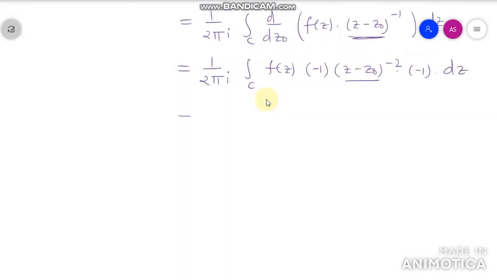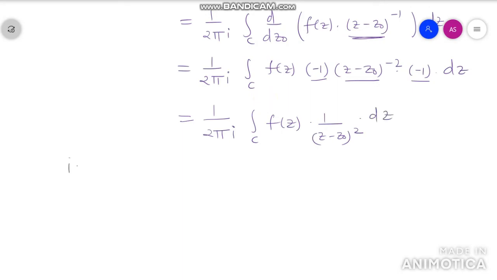Now it is equal to 1 upon 2 pi i integral over C f of z, minus 1 into this minus 1 becomes plus 1, and z minus z0 bracket raised to minus 2 is nothing but 1 upon z minus z0 bracket square into dz.